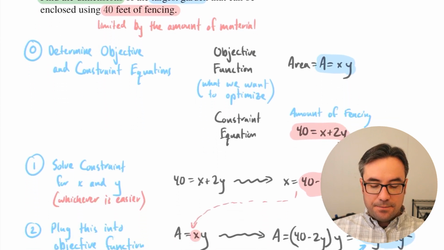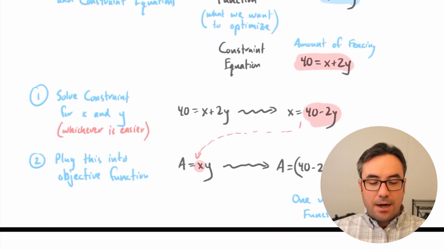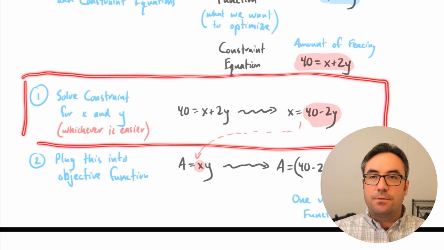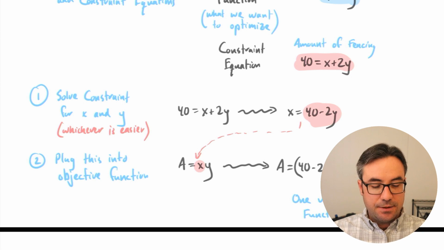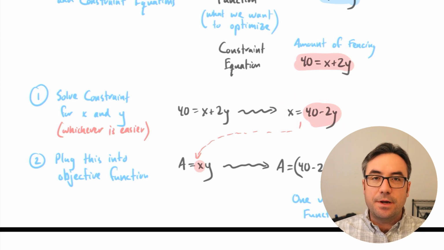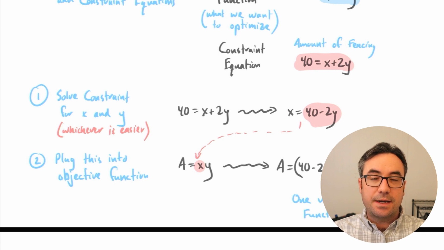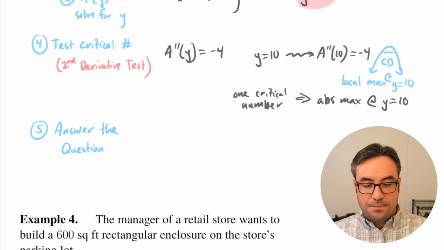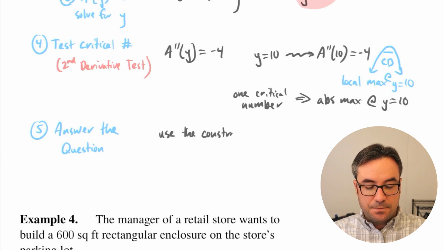And this is where we can go back up to our first step, and we actually solve for what x actually is. We know x is equal to 40 minus 2y. So in this case, we can use the constraint to find x.